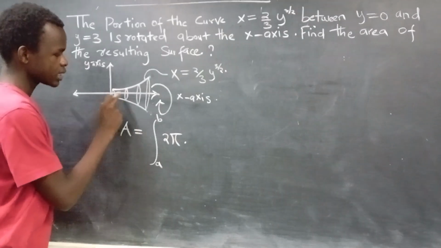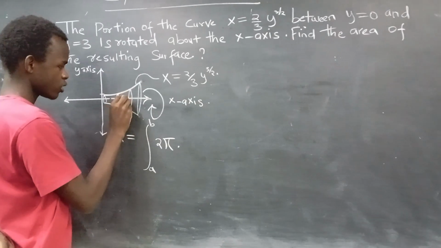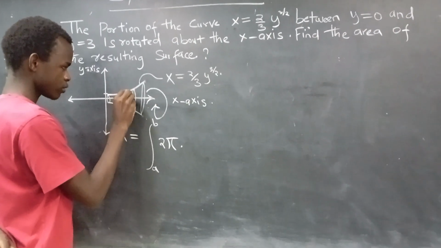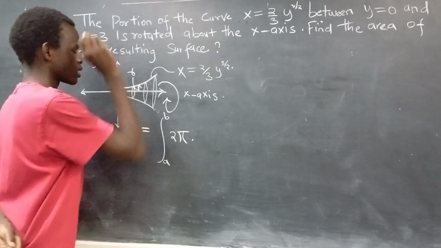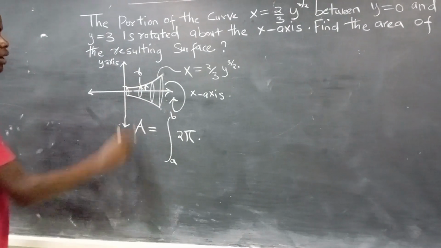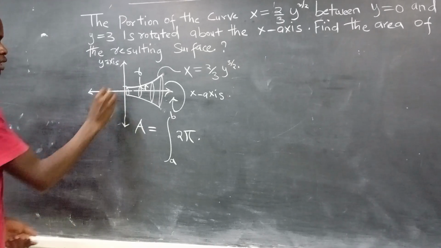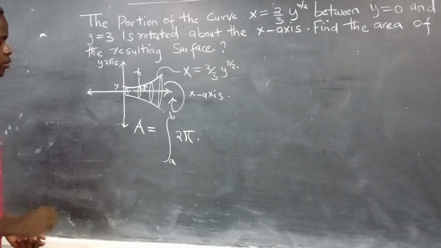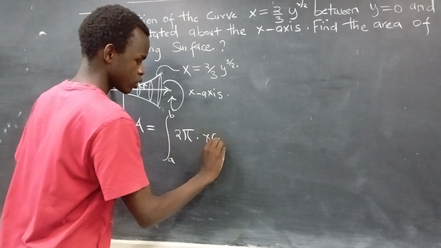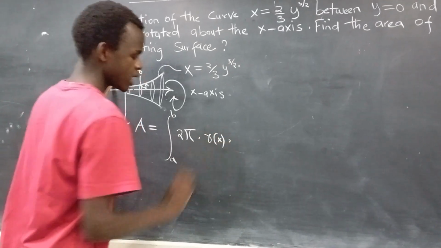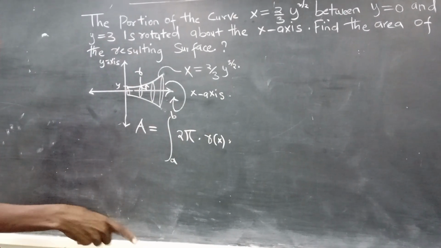It's now on the x-axis, so our radius is the value of y. Check my video on rotations of surface of revolution. When it's being rotated on the x-axis, our radius is the value of y. So it's just r as a function of x, multiplied by the arc length, L, the 2 pi r L.